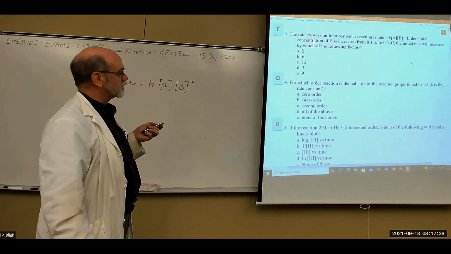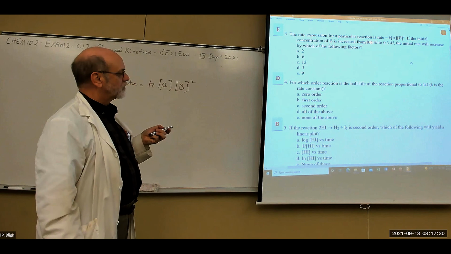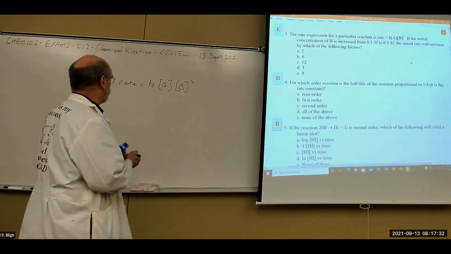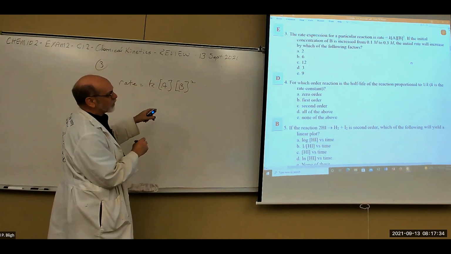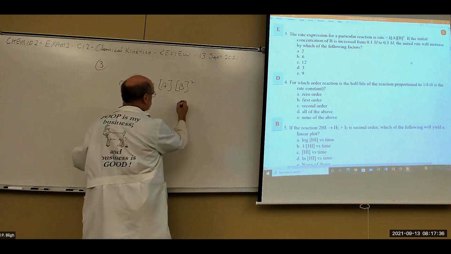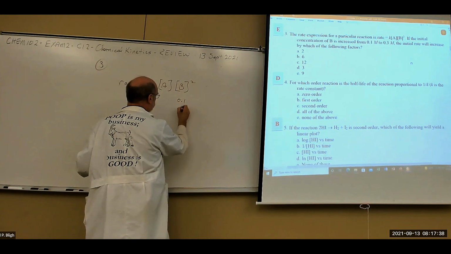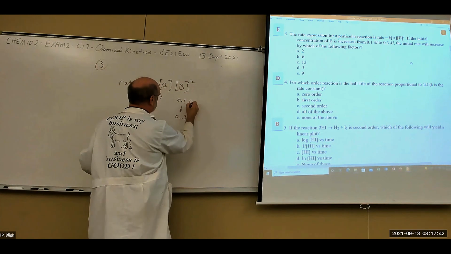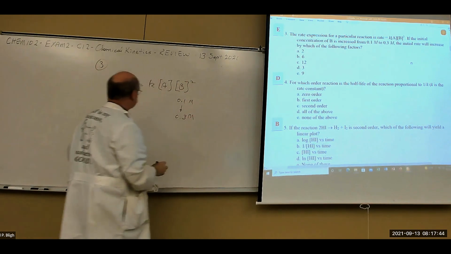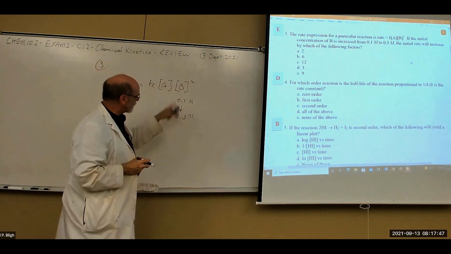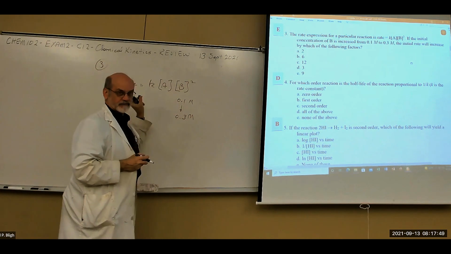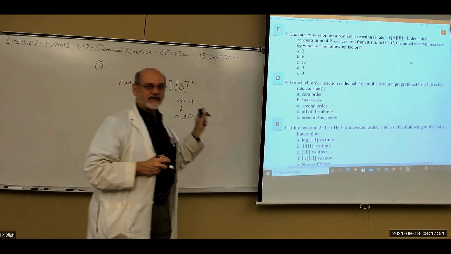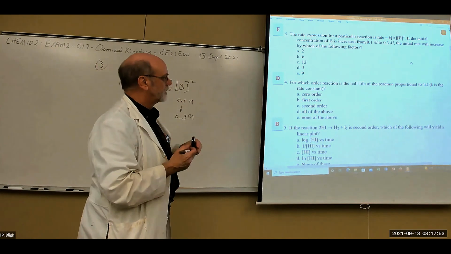If the initial concentration of B is increased from 0.1 to 0.3, so this is for B. Okay. What we're looking for is what effect does this have on the rate itself? What change will we see in the rate?